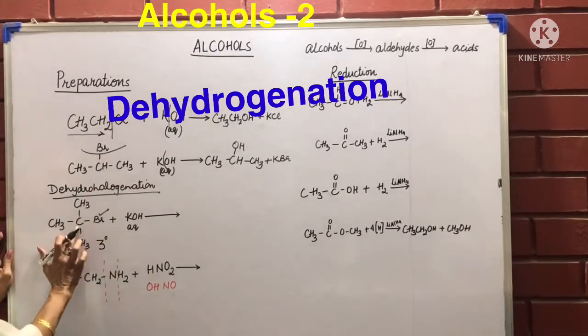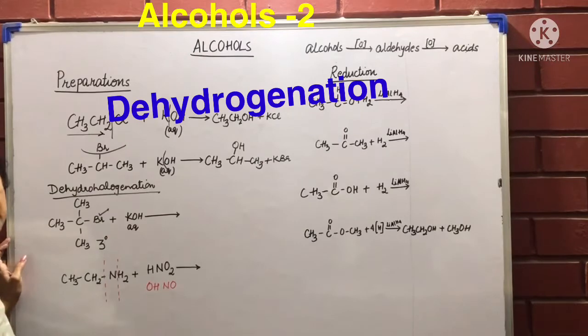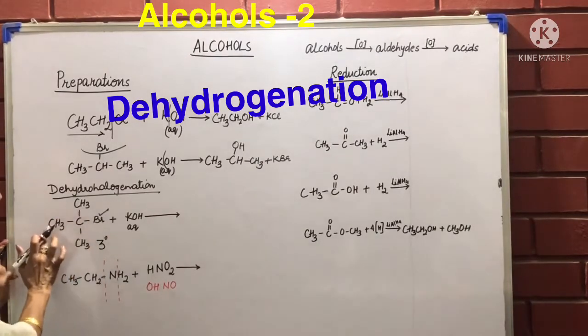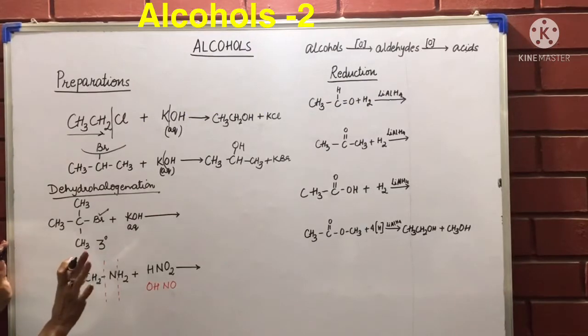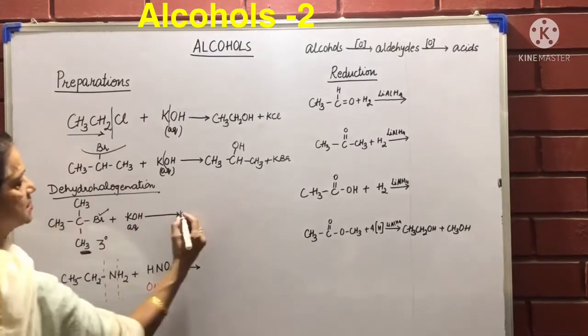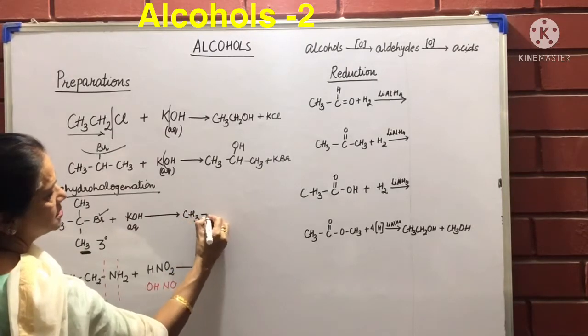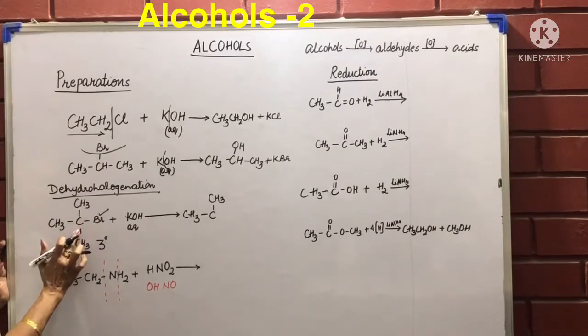Now this carbon atom contains Br. This carbon atom contains 3 other carbon atoms. All of them are its neighbors, and all of them have the same number of hydrogen atoms. So I can remove from any one of them. So I am removing from here. I am writing CH3, CCH3 as such, 1, 2, 3 as such.